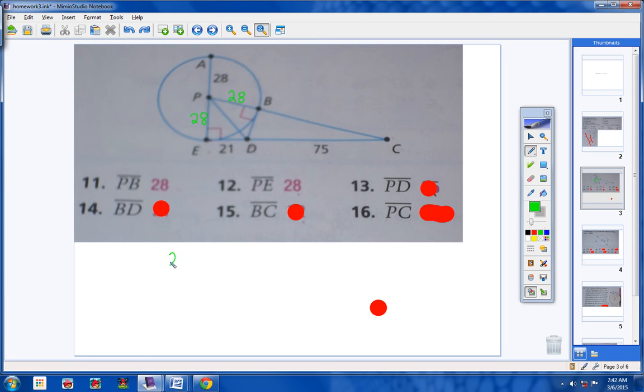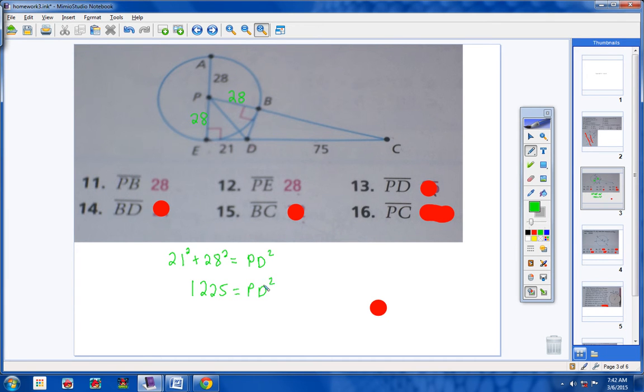So let me get my calculator out here. I have leg squared plus leg squared equals hypotenuse squared, which is PD squared. Alright, 21 squared plus 28 squared, 1,225 equals PD squared.